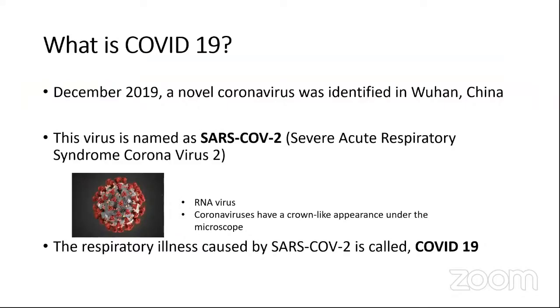The virus was given the name SARS-CoV-2, that is Severe Acute Respiratory Syndrome Coronavirus 2. It's an RNA virus, and it's called corona because it has a crown-like appearance on its surface when you see it under the electron microscope. It causes a respiratory illness, which is called COVID-19.